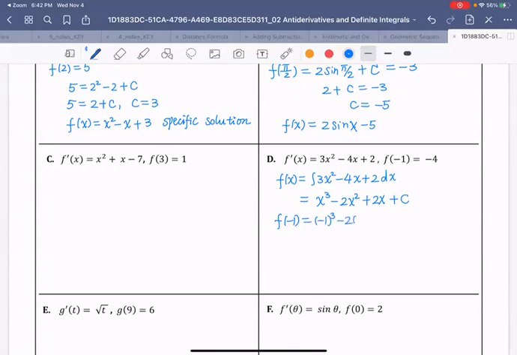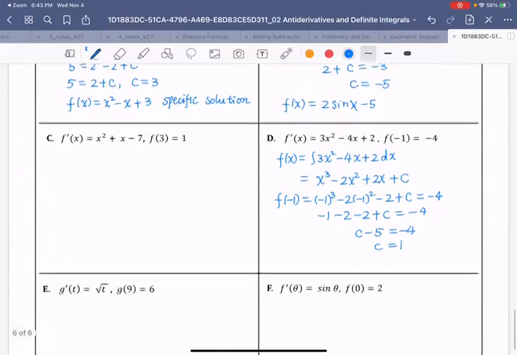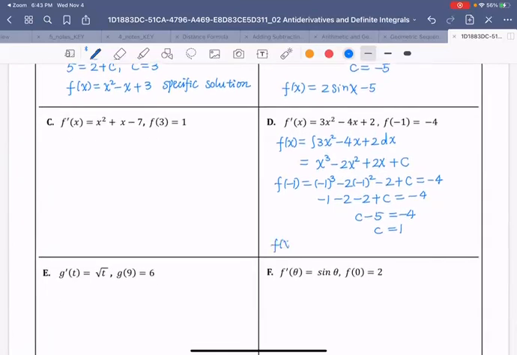So we plug in this, and it equals -4. So that means c minus 5 equals -4. C is +1, right? Yes. Okay. So you give the specific solution.